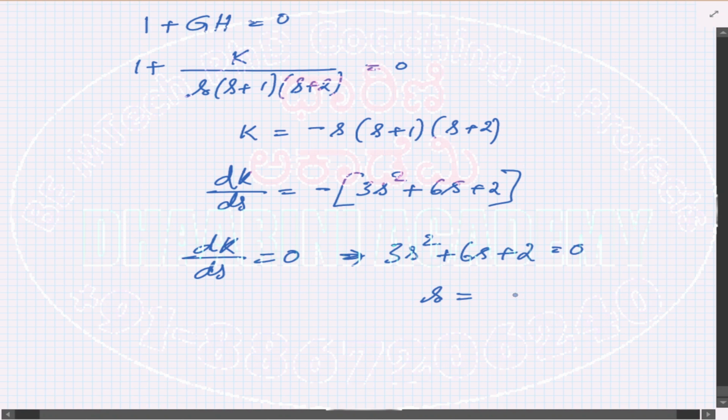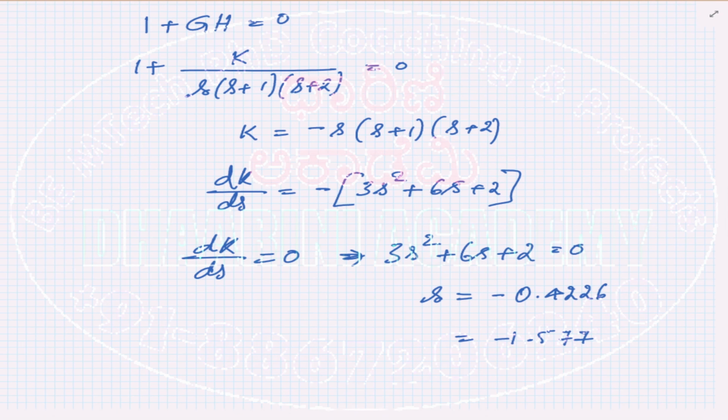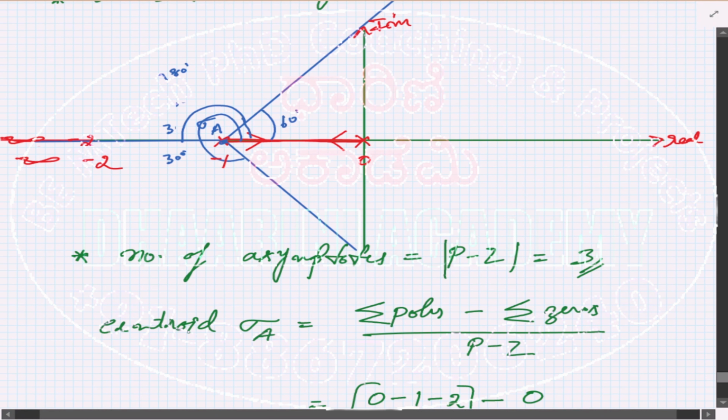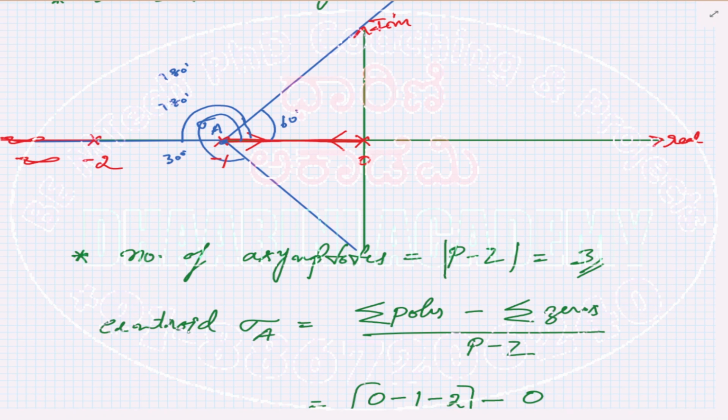Please find the values of s. One of the roots is minus 0.4226 and the other is minus 1.577. So I just verify which one is suitable for us. I'm expecting the value between 0 and minus 1, correct?